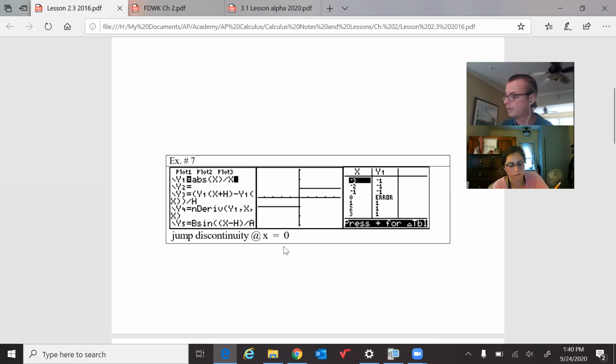Now, before we move on, I want to make a point about this, which is going to go back up again. This has discontinuity. But what's in y1 is a continuous function. And the reason that's true is the only time it has discontinuity is at a value that's not in the domain.